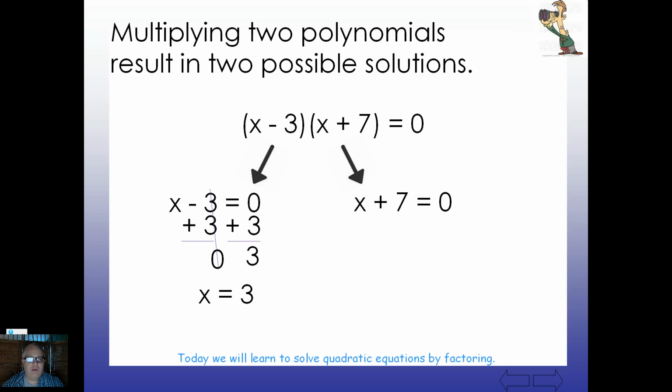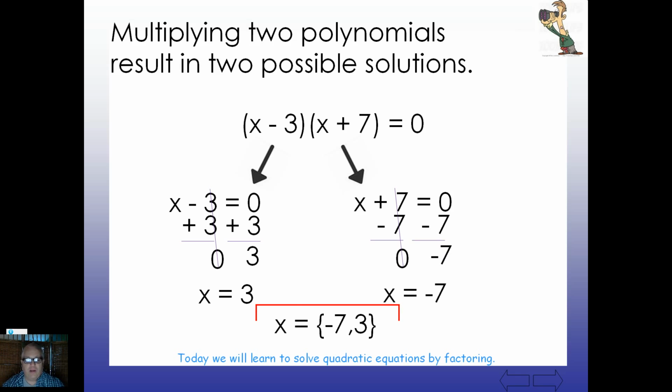Something plus 7 is 0. Well, that something has to be its additive inverse, or negative 7. So if we add negative 7 to both sides, we get 0. So what are our two responses then? Our two responses, what are the zeros or the results of this? x can equal negative 7 or 3. Why is that?